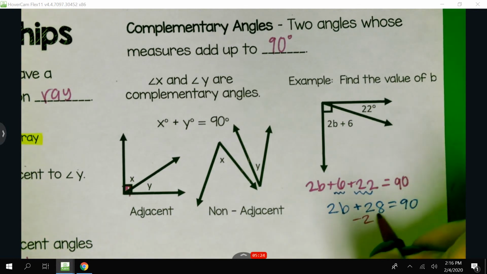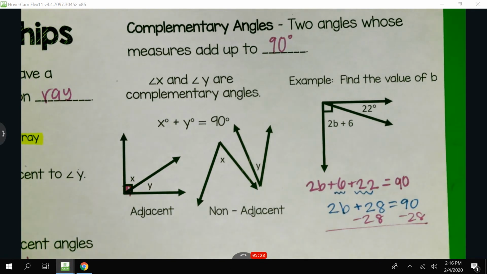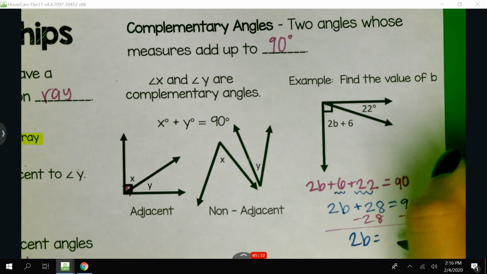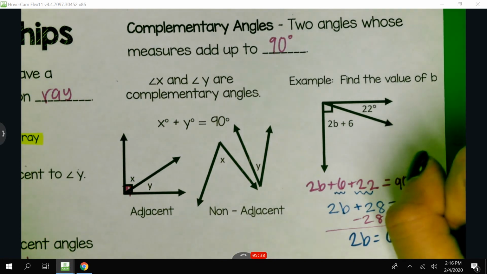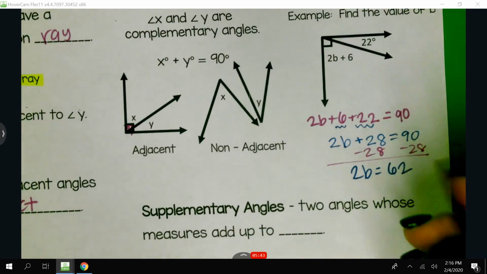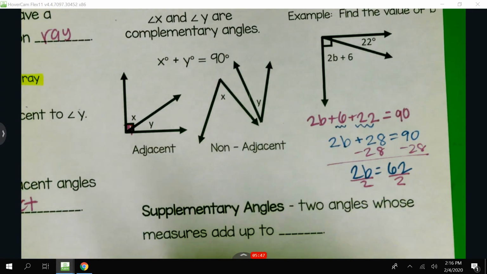Subtract 28 on both sides. So you're left with 2B equals 62. And then how do you solve for B? Divide both sides by 2. So B equals 31.